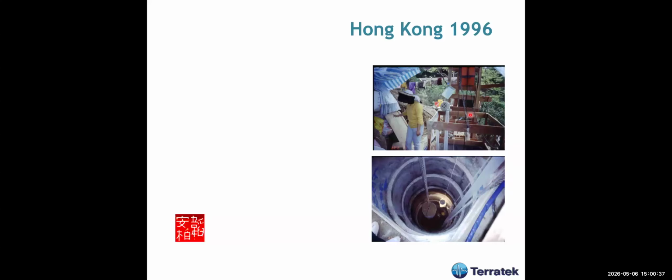Here's some. I worked in Hong Kong very long ago, in 1996, and here's my name in Chinese, which I'm very proud of, to have a Chinese name. In Hong Kong in those days, they did a lot of high-rise building, usually 35-story buildings.